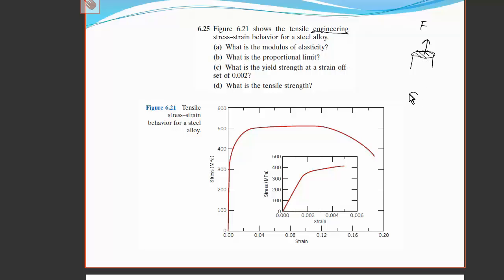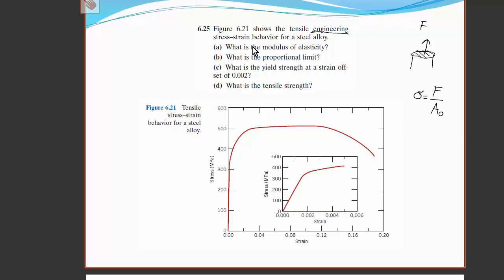However, we ignore this and simply calculate the stress as equaling the force being applied over the original cross-sectional area. Let me clean up that sigma. Not a very good sigma. There we go, a little bit better.